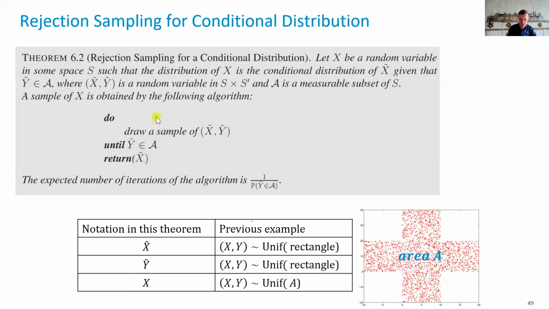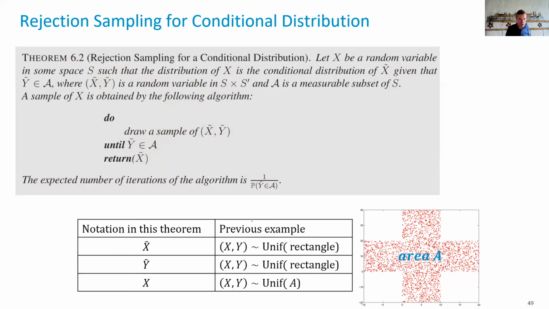When I do this, I have a sample, x tilde, of the distribution that is equal to the conditional distribution of x tilde given y tilde is in A. Right. So that's a very important fact.